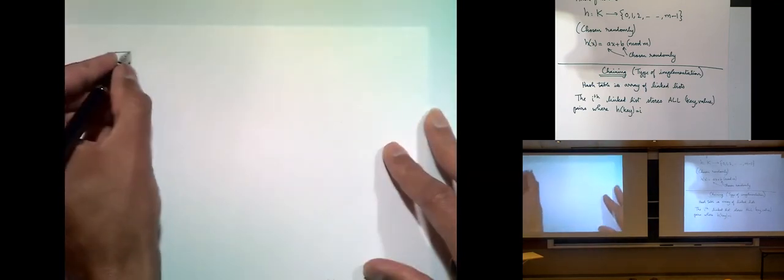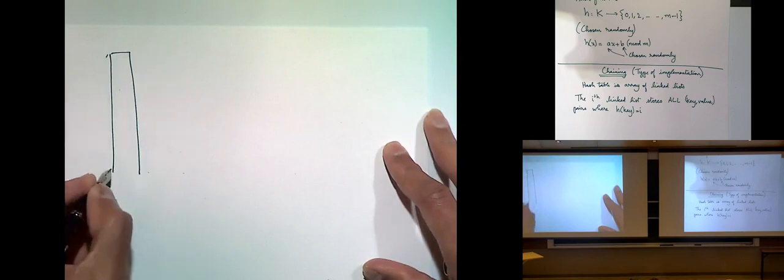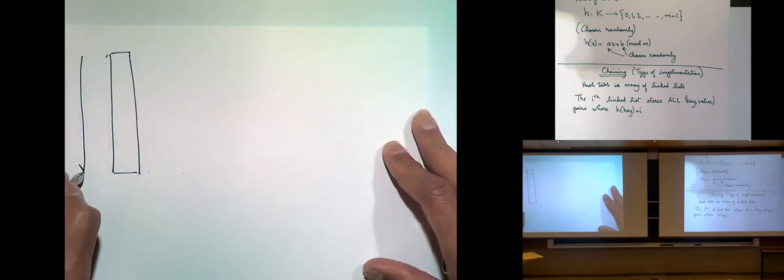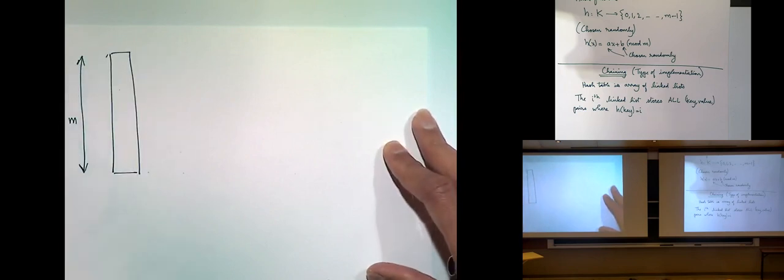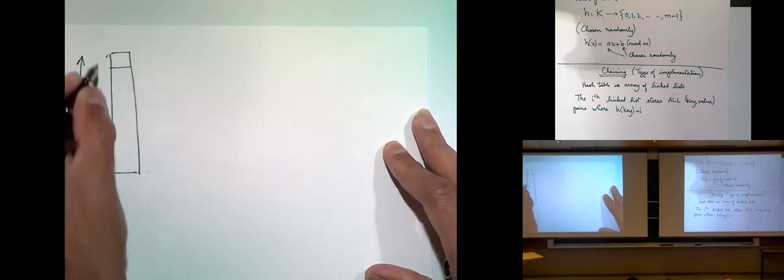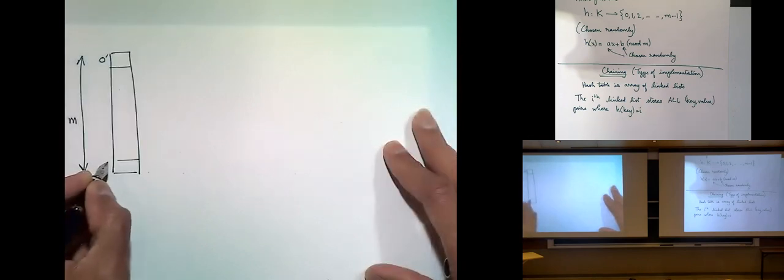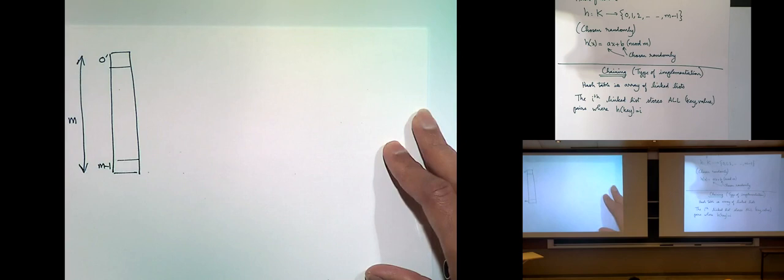The way to think about it is, this is your array of size m, going from 0 to m minus 1.